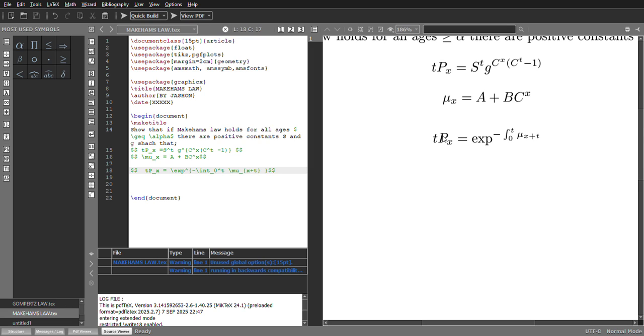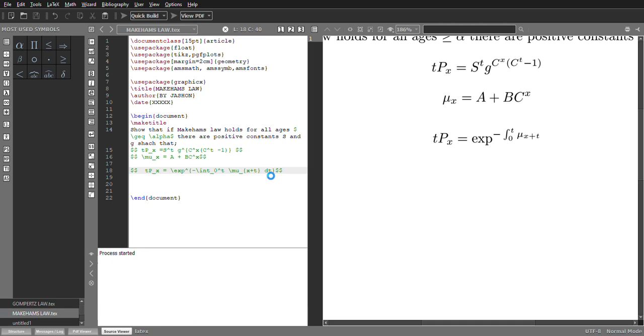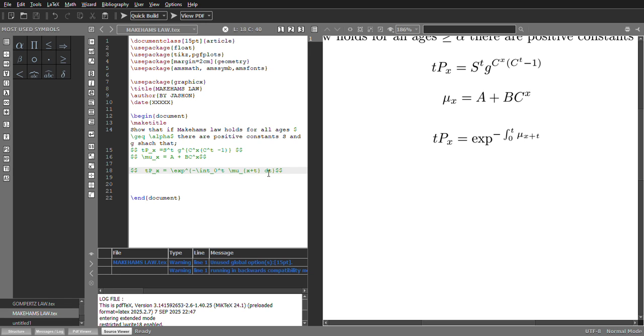The probability of a person currently age x surviving the next t years is given by the exponent raised to negative integral from 0 to t of mu x plus t with respect to t.